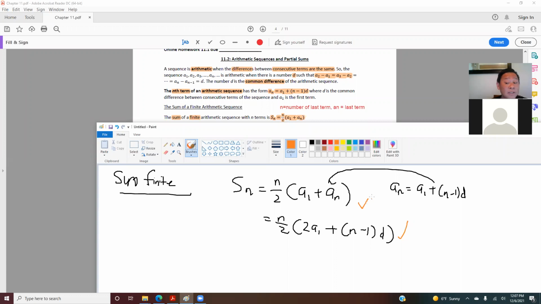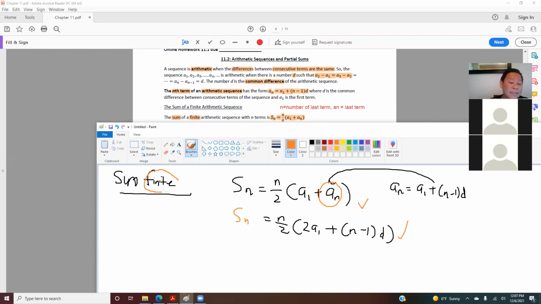So there are 2 formulas to find the sum of a finite arithmetic sequence. If you know the last term, use this formula because it's very easy. But if you do not know the last term, and you just know the first, second, and third terms and so on, then I recommend you use that formula. And it has to be finite.